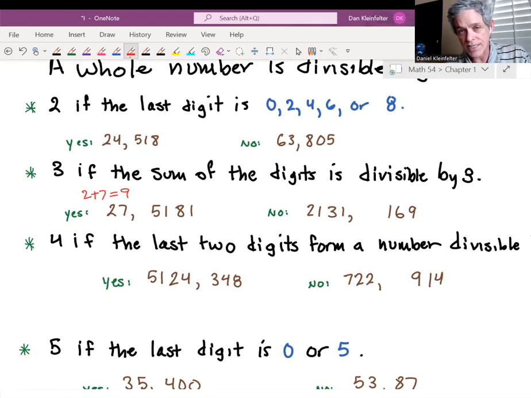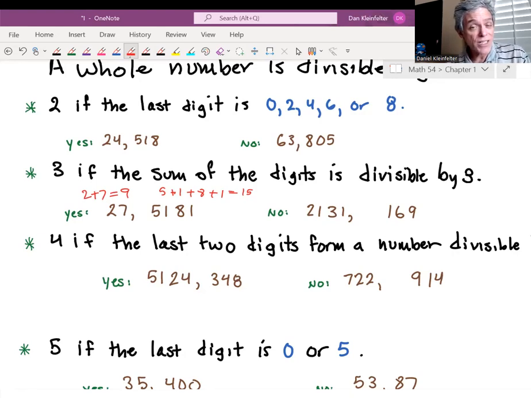5,181, a little bit harder to see if it's divisible by 3. However, 5 plus 1 plus 8 plus 1, that's 6, and 8 is 14. One more is 15. Is 15 divisible by 3? Yes. Since 15 is divisible by 3, 5,181 will be divisible by 3.